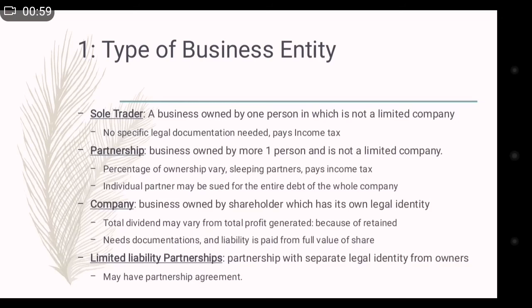The owner will be liable for any damages, so if they sue the company, they are suing the owner. There is no specific legal documentation needed, but a sole trader will have to pay income tax.